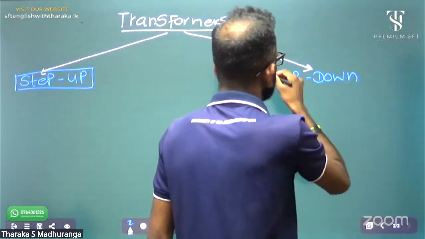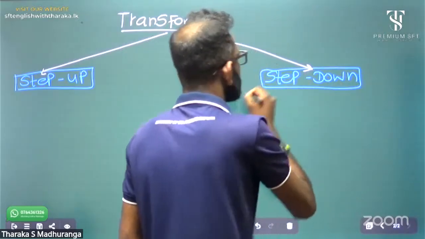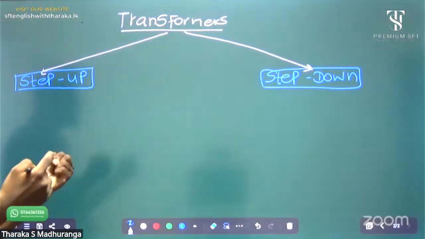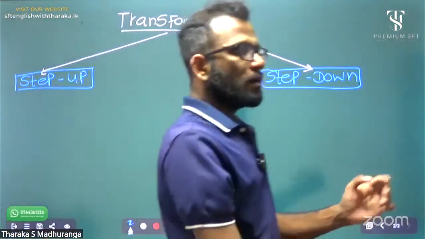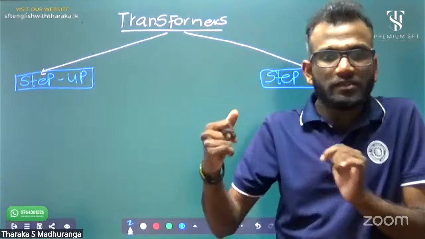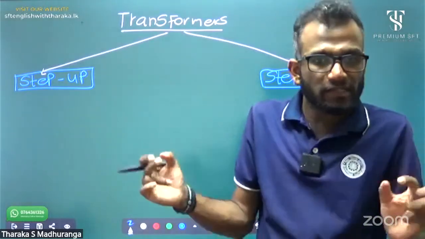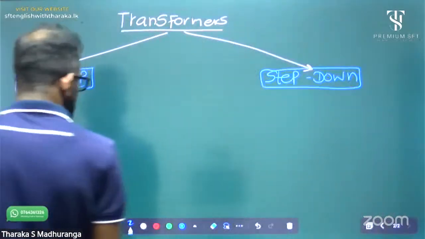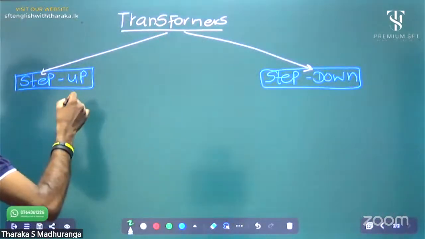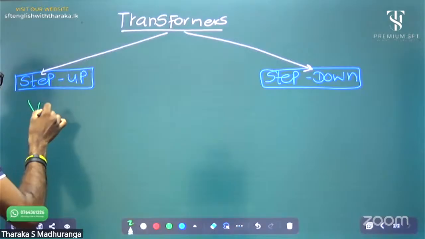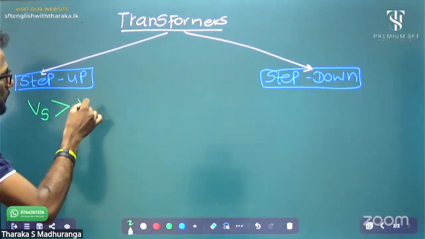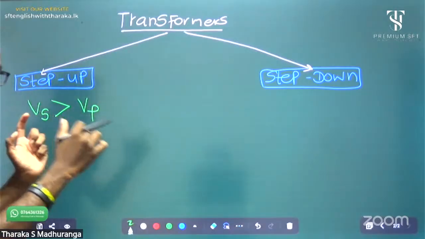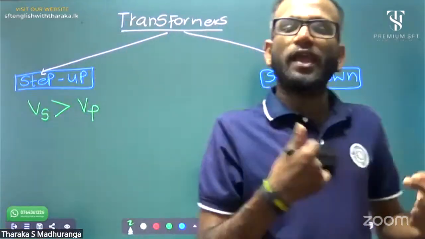What's the meaning of step up transformer? The voltage increasing, that's a simple meaning. The voltage of the secondary coil, VS, is greater than VP. That's the meaning. I think now you can understand. VS greater than VP.